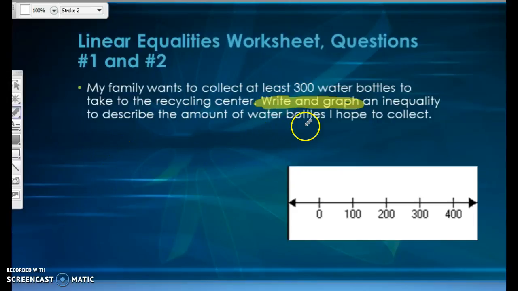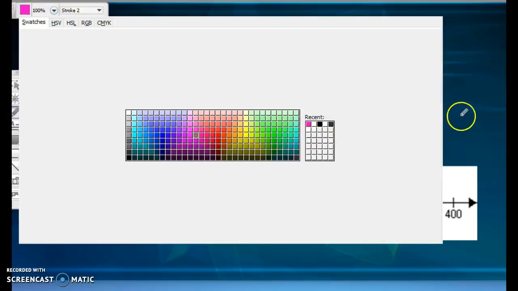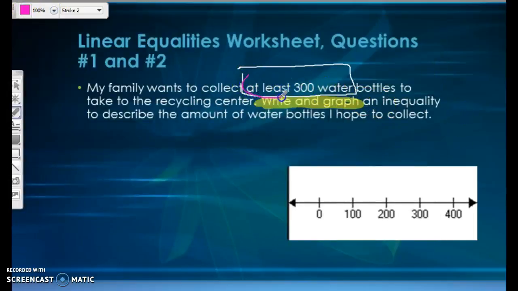My family wants to collect at least 300 water bottles. Okay, so let's look at these keywords here, at least 300. That word at least is telling me something that I really need to pay attention to. At least 300 water bottles. So what would you do? Well, I like to use x as my variable for these.